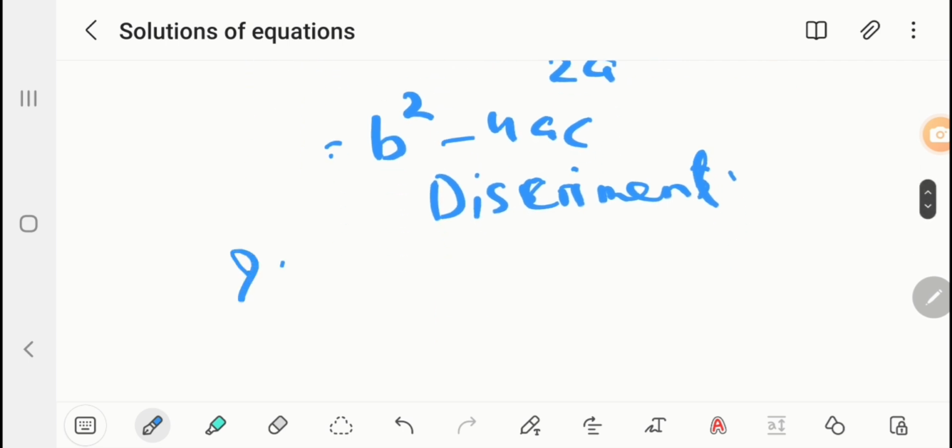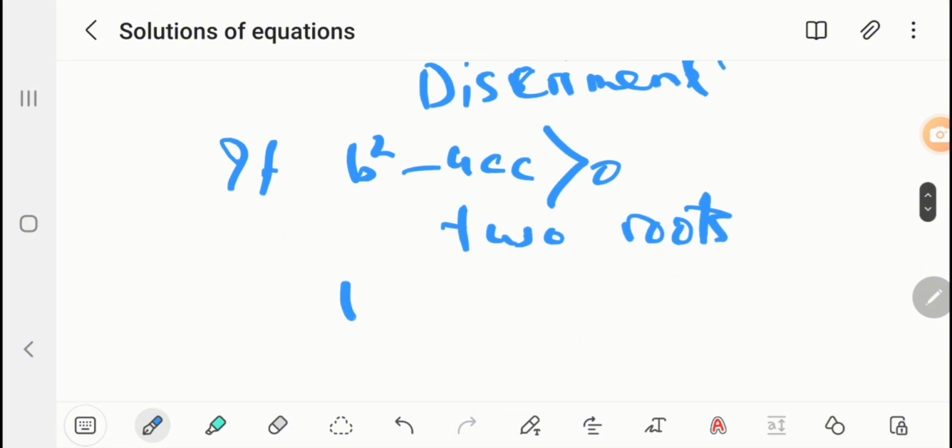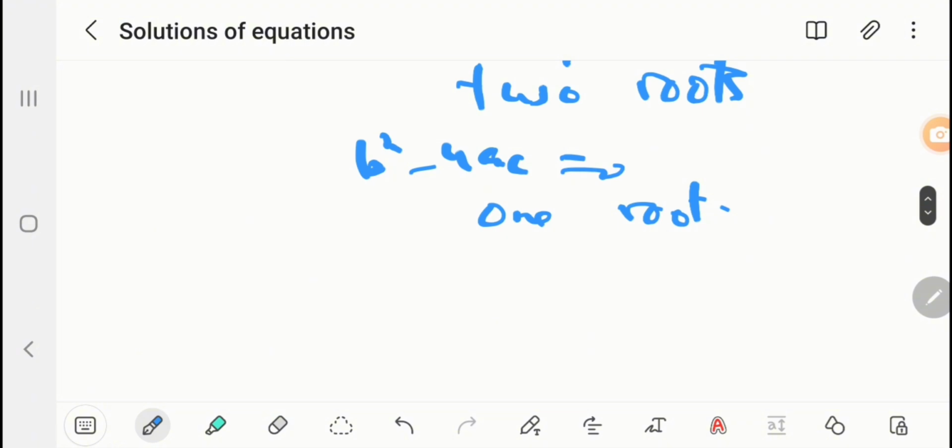If b square minus 4ac is greater than 0, there will be two roots. And if this discriminant is equal to 0, there will be just one root. That is, the line is a tangent to the curve. The case of a tangent.